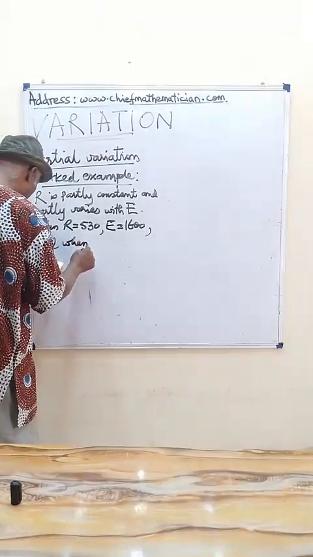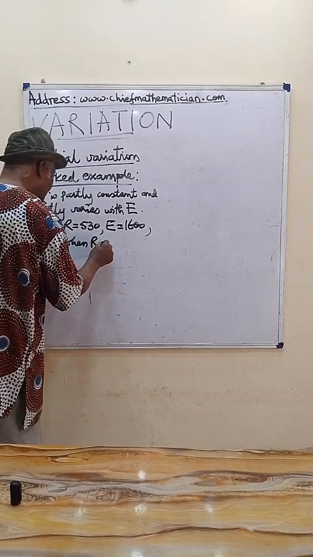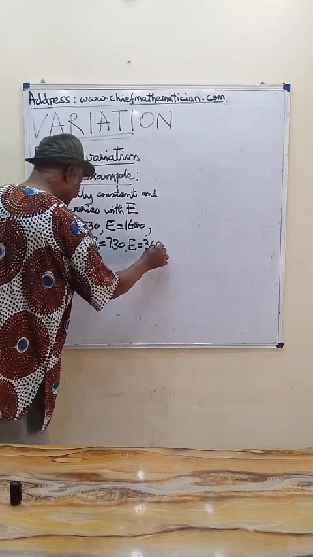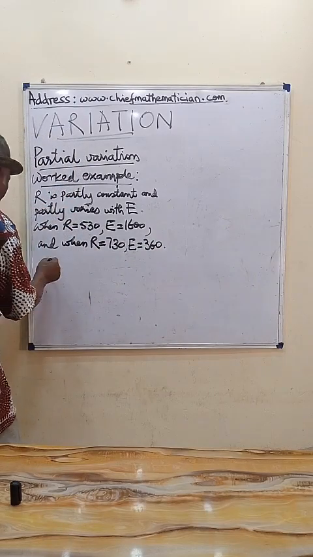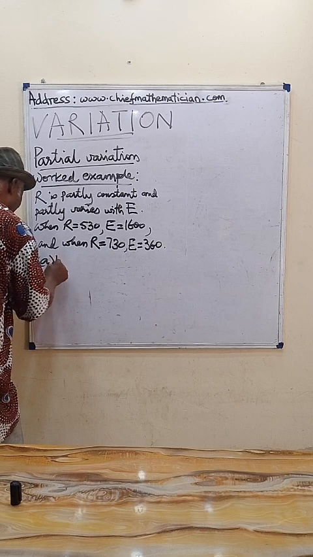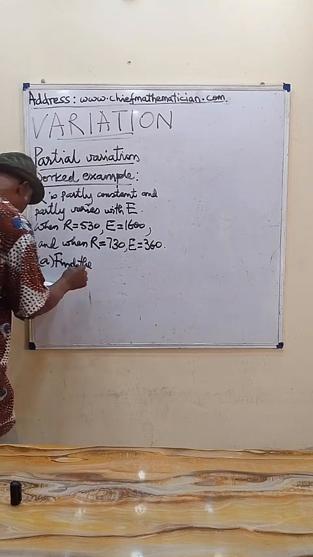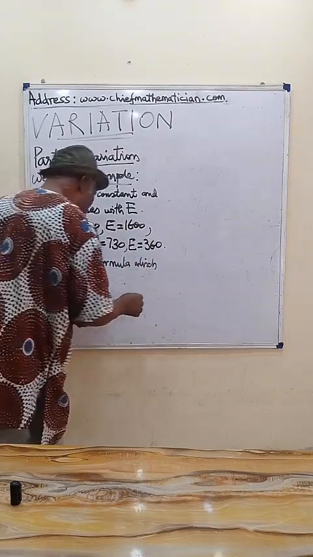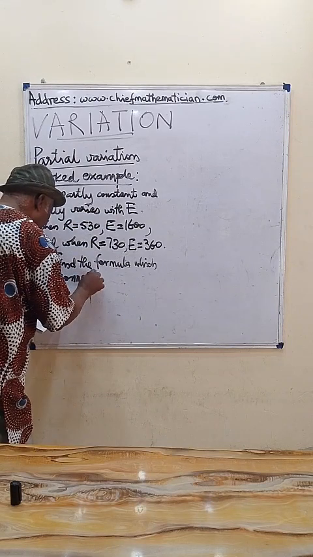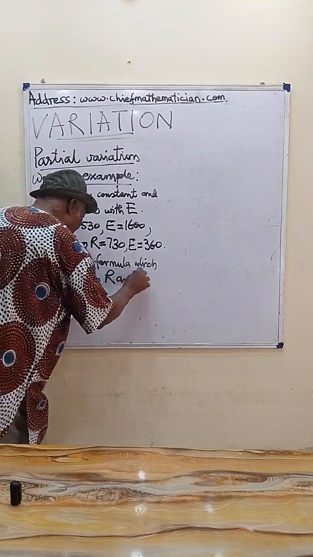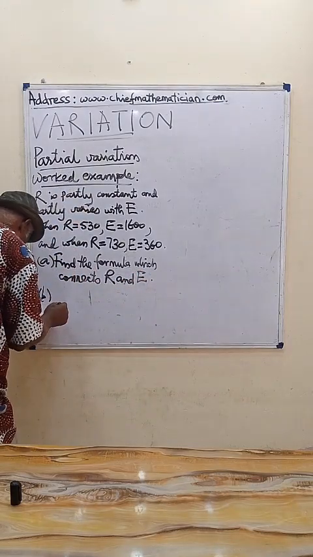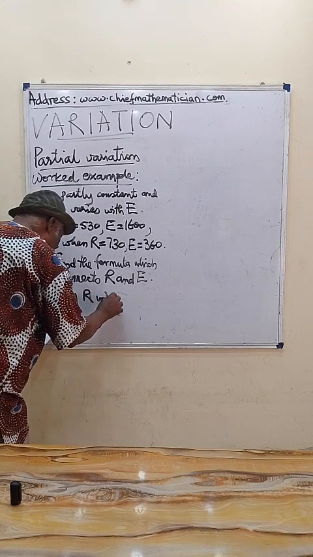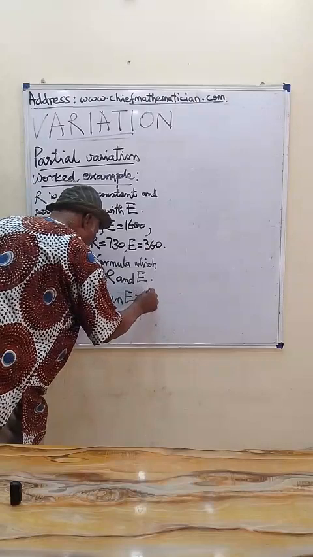And when R is 730, E is 360. A. Find the formula which connects R and E. B. Find R when E is equal to 1300.